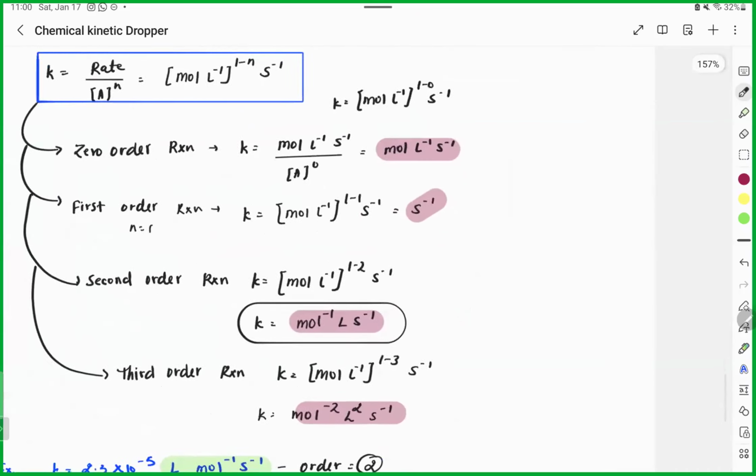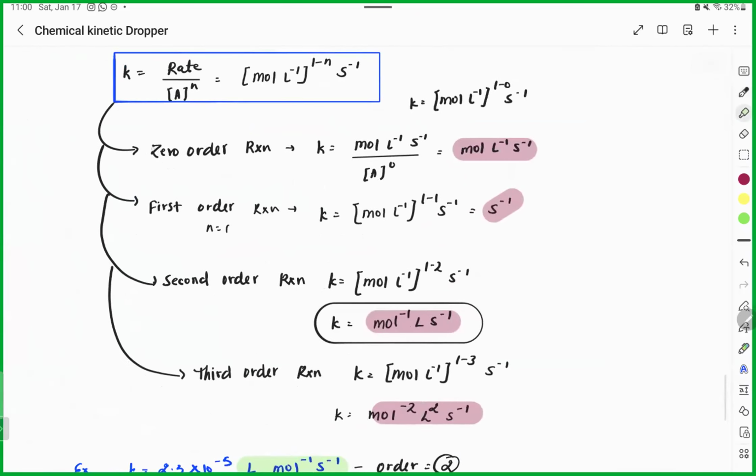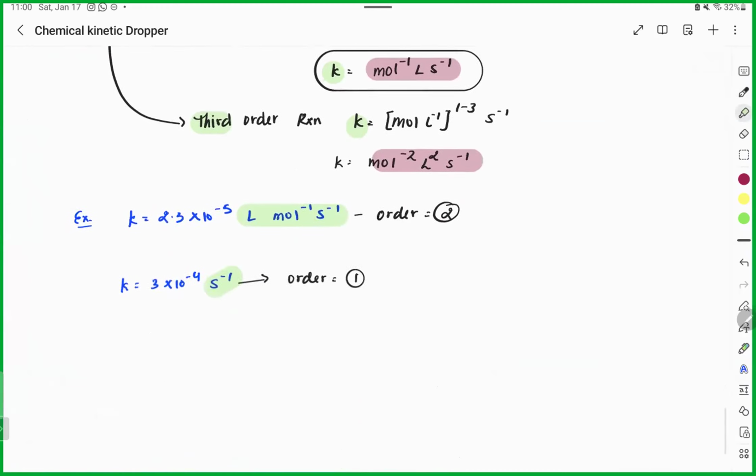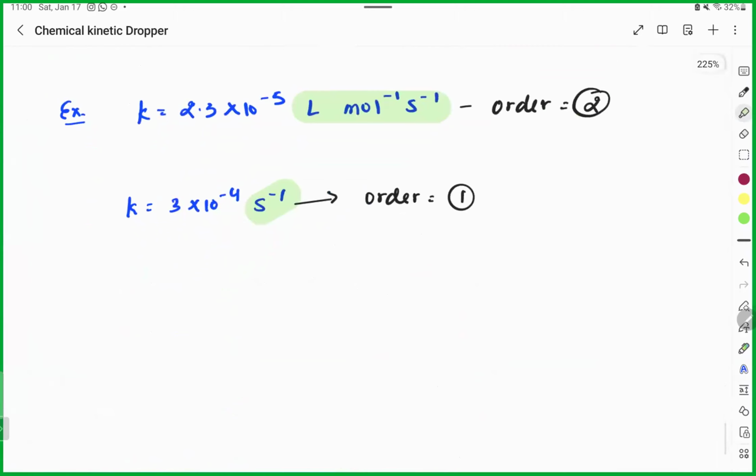For zero order, first order, second order, or third order, based on the unit we can tell the rate constant unit. And we wrote the last two examples: based on the unit, how you can tell the order of the reaction. Any doubts, Chandana? No, sir.